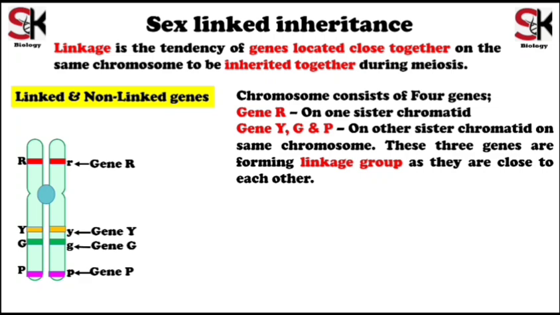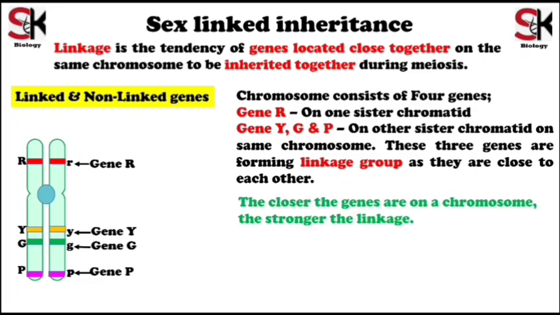Linked genes are actually genes which are very close to each other. So they pass together when there is a meiosis. On the basis of distance between genes, they can be linked genes or non-linked genes.